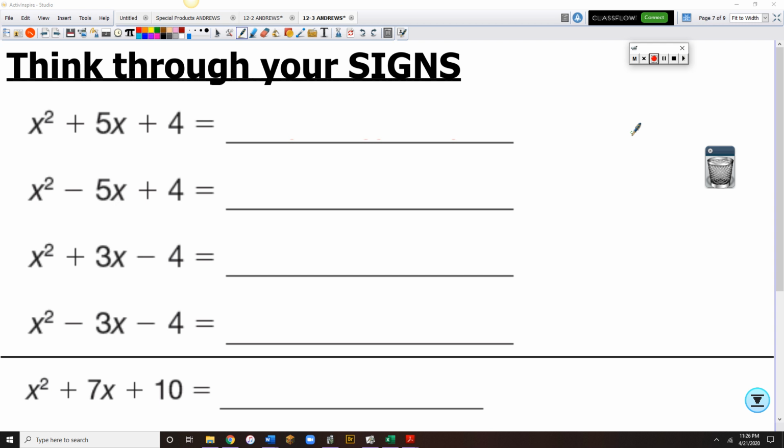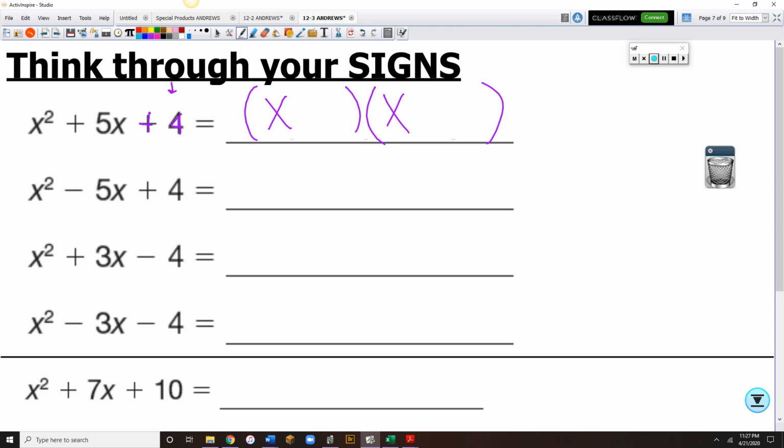Okay, so we really need to work through our signs. So we start always with our constant at the end. Okay, so I've got plus 4. Plus 4 means our signs are the same, but I'm not just going to rush in and put signs. I don't know what they are.